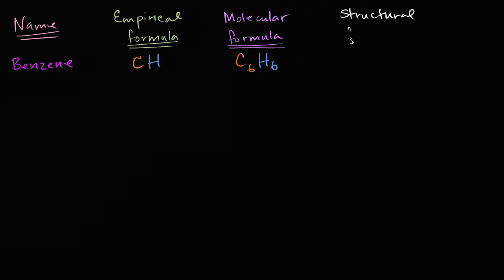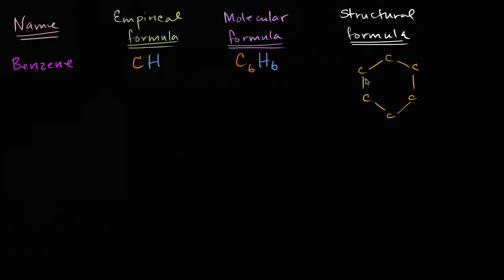Structural formula, which will actually give you, or start to give you, the structure of a benzene molecule. A benzene molecule would be drawn like so: you would have 6 carbons in a hexagon, 1, 2, 3, 4, 5, 6, just like that.